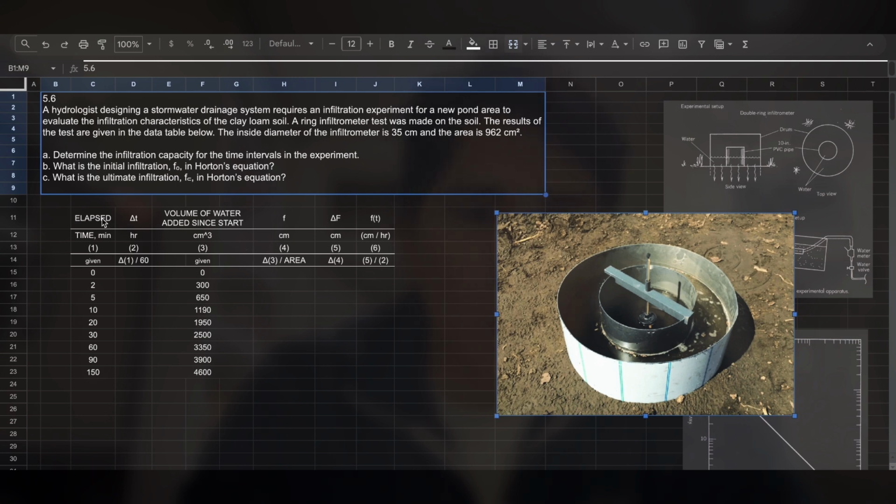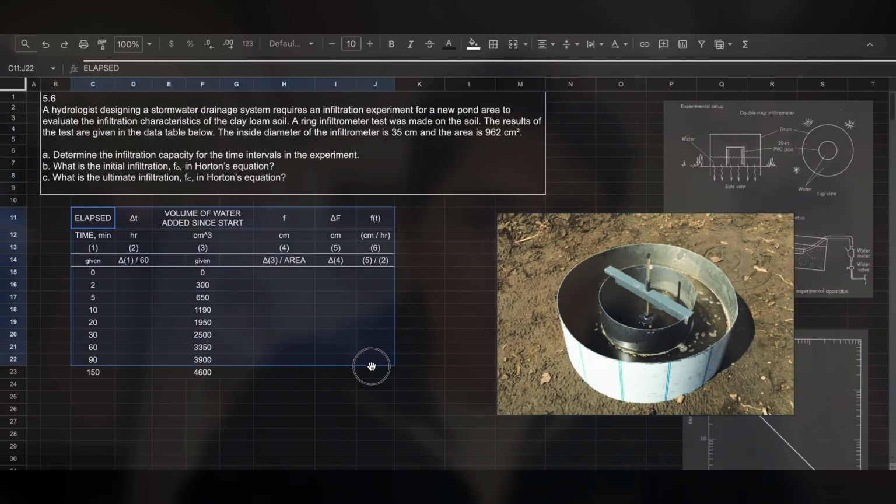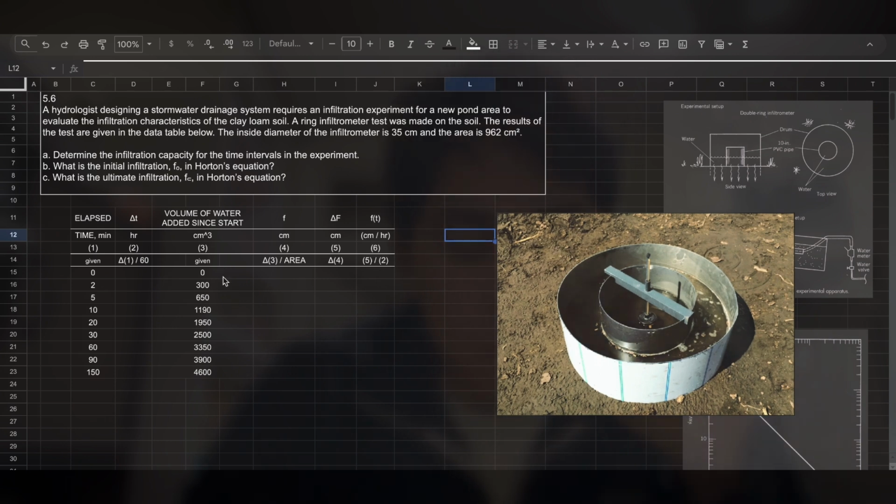In our case, they are giving us the intervals of time at which they took measurements, but they are not giving us the water depth or the measurement here. They're actually giving us how much water they added, and this is confusing, but we work through it.